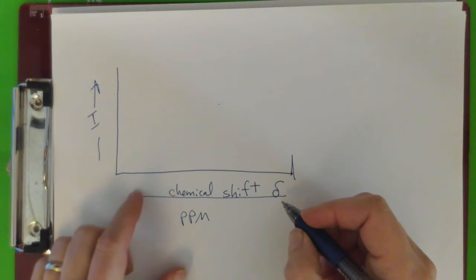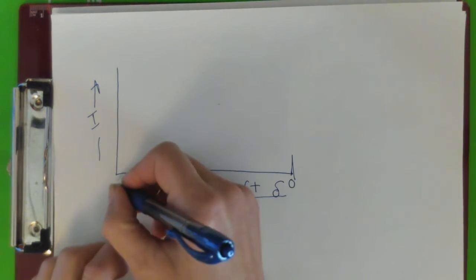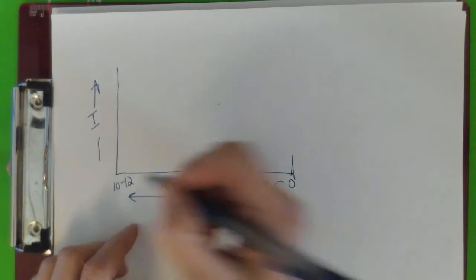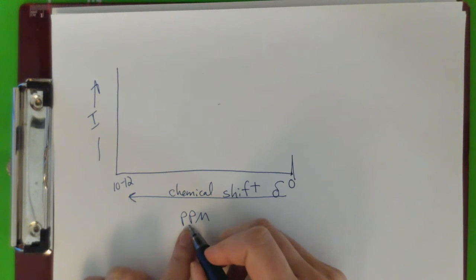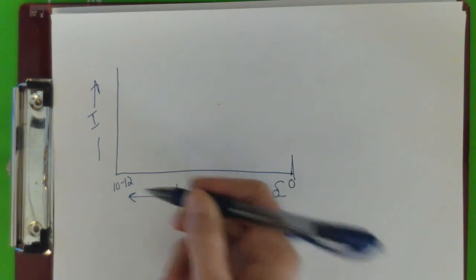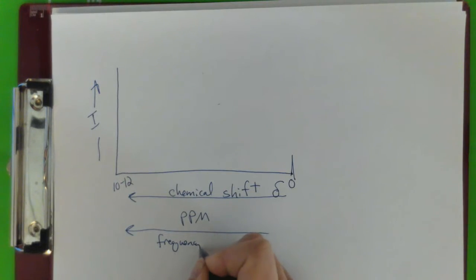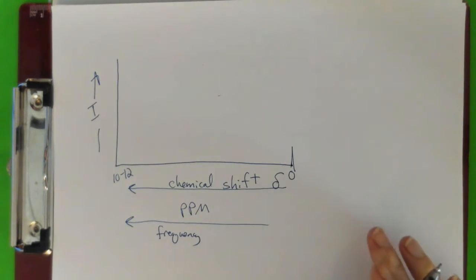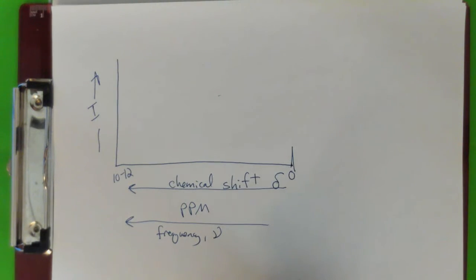For proton NMR, you're going to see this go from 0 up to anywhere from 10 to 12 ppm, and that stands for parts per million. Going from right to left is also increasing in frequency. Remember, frequency is abbreviated with that nu.